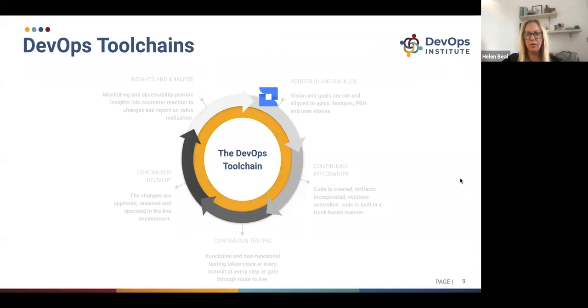So let's look at how the DevOps toolchain fits over this model. First of all, we're layering this on top of our value cycle we just looked at. So first of all, we've got our ideas coming through. So we're going to record them in our portfolio or backlog. So that could be something like Jira Align.